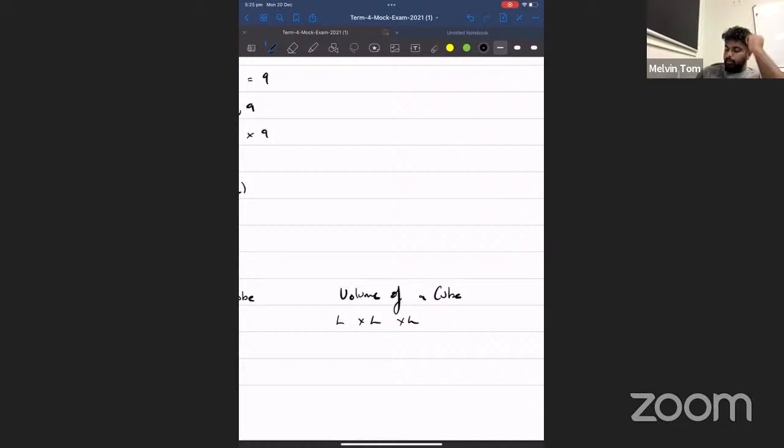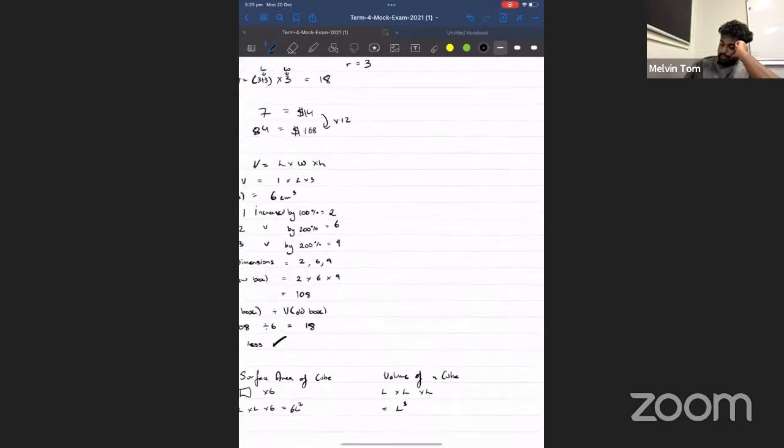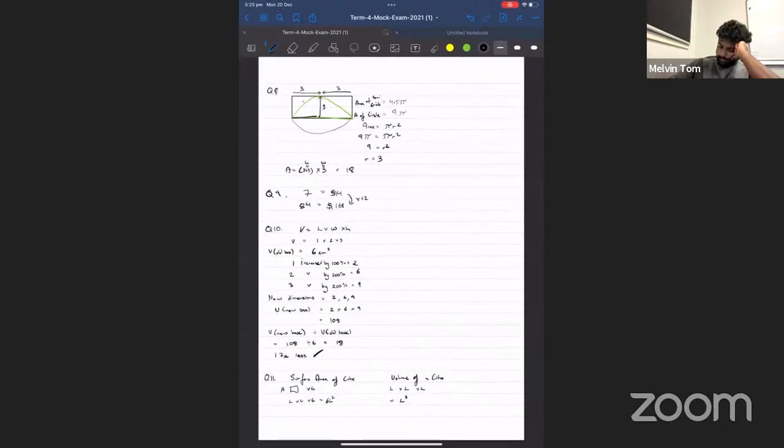Does anyone know why it's length times length times length? Because the length, width, and height are always all the same. Yes, that is correct, which is length cubed. Now, let's take a look at the answers.